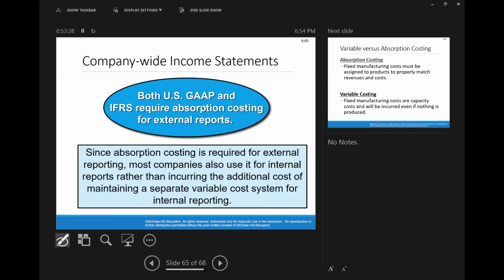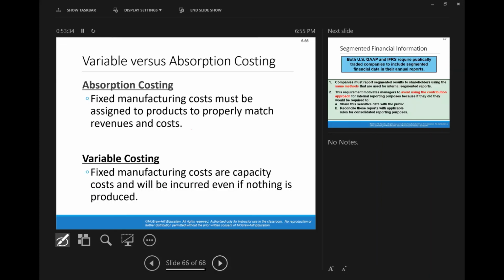I can use it internally. However, you may not want to do that if you're a publicly held company. So we just talked about absorption costing, where the manufacturing fixed cost gets added to the product. So it's going to go with the product either in inventory or when it's sold.